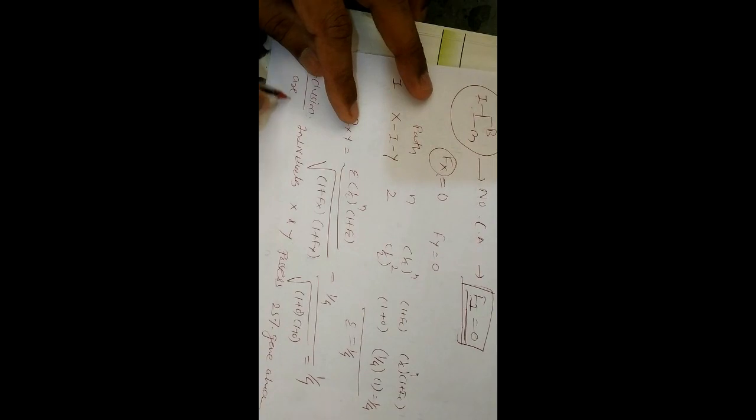So as a conclusion, we can say that individuals X and Y possess 25% genes which are common in their gene pool from their common ancestors.